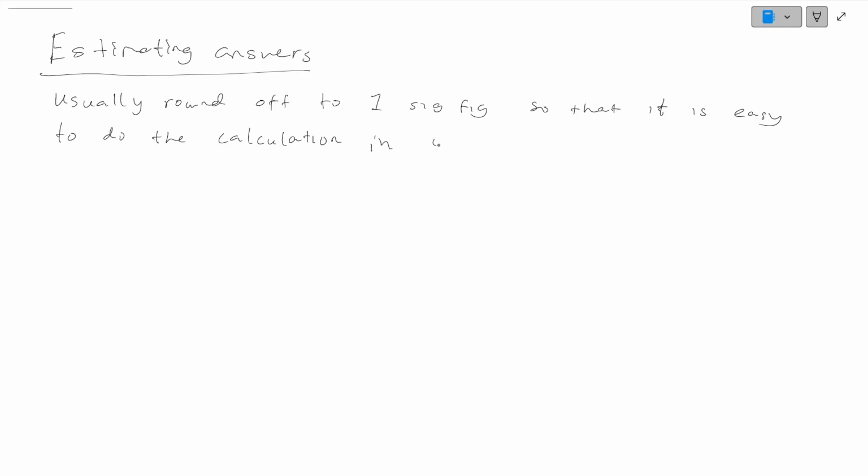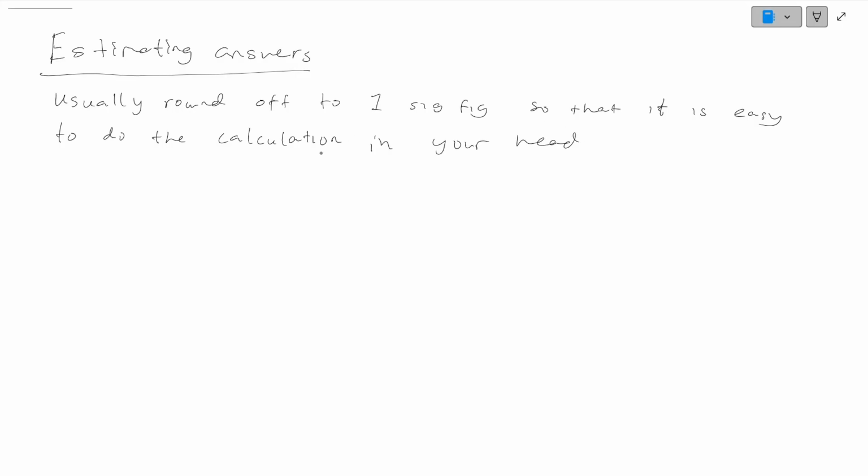Finally, we go on to estimating answers. To estimate a calculation, we usually round off to 1 significant figure so that it is easy to do the calculation in your head.